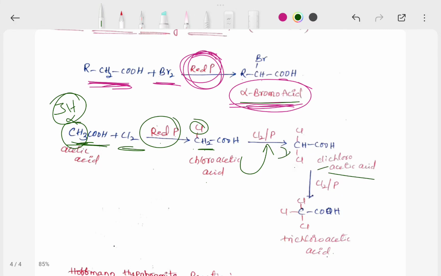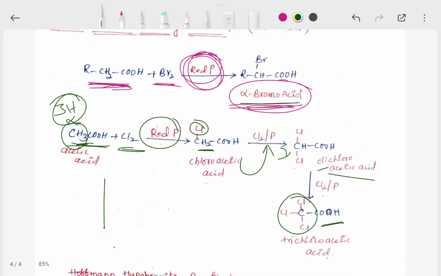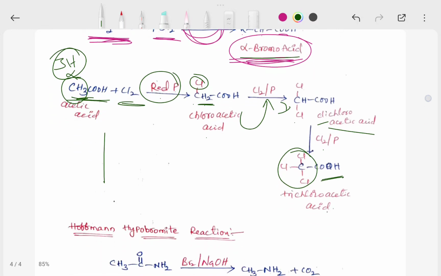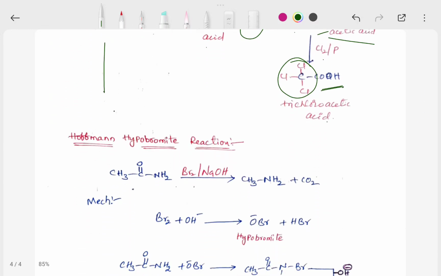Dichloroacetic acid again reacts with chlorine in the presence of red phosphorus and gives trichloroacetic acid. This reaction is called the HVZ reaction, in which carboxylic acids form alpha halo acids.